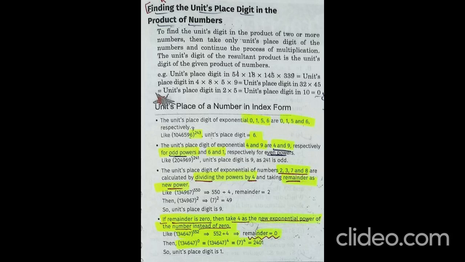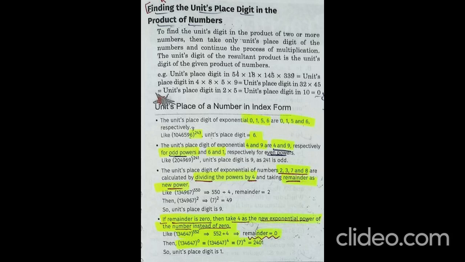Now let us understand the unit place of a number in index form. For example, you are given a question like 1046596 to the power 263. Tell me what is the unit place.